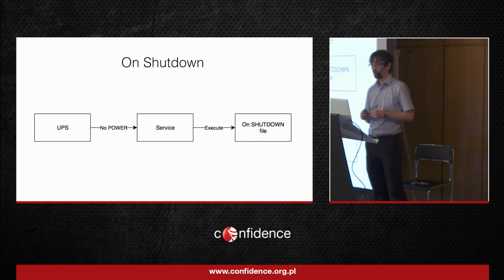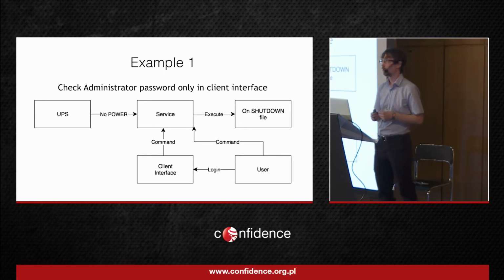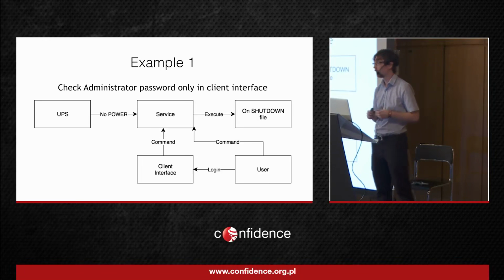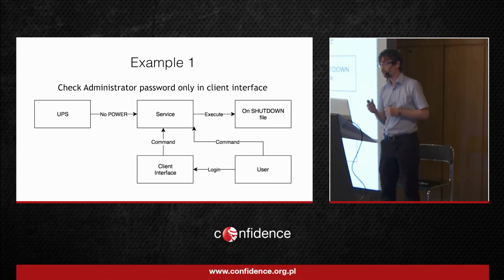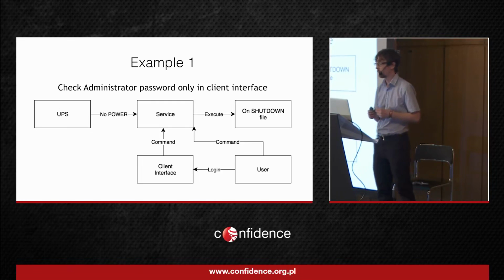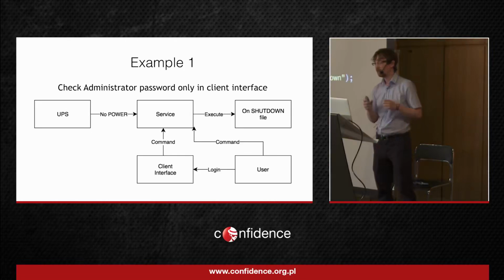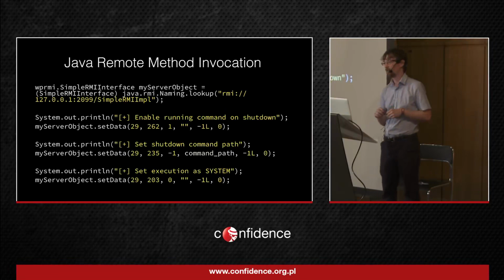Example number one, there is a beautiful client interface. When we open this client interface, it asks us for a login and a password, and I don't know any. And also I don't read any documentation, so I did some reverse engineering. As I saw, they indeed check passwords inside the client interface, but they send commands directly to the service without any authorization.